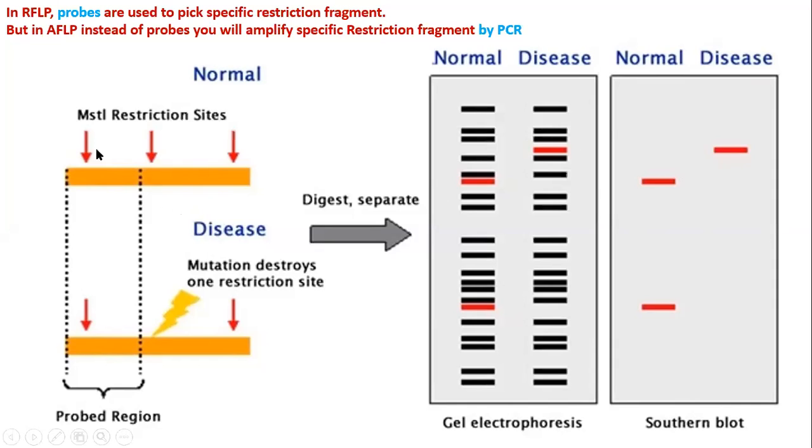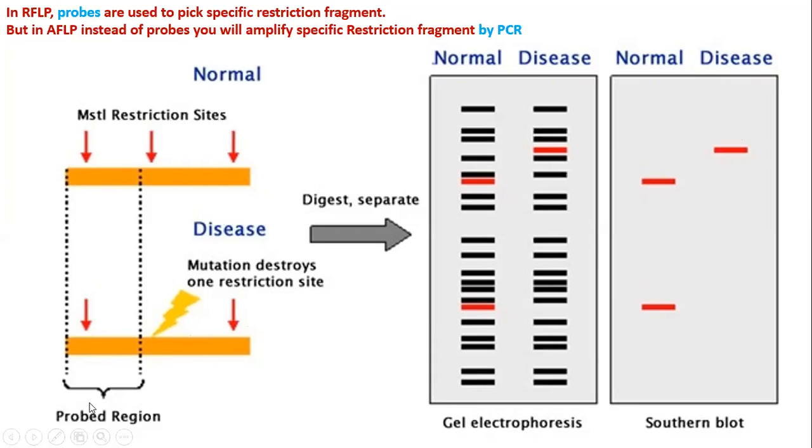You make the probe common to here, and in the normal condition you get 2 bands, but in the disease condition, you may get only 1 band because this site has been eliminated. If you do the digestion, you will get only 1 fragment that is larger than the fragment here. So you see 2 bands in the normal condition. In the disease condition, the fragment size is higher, so it moves up in the agarose gel, since smaller fragments move faster.